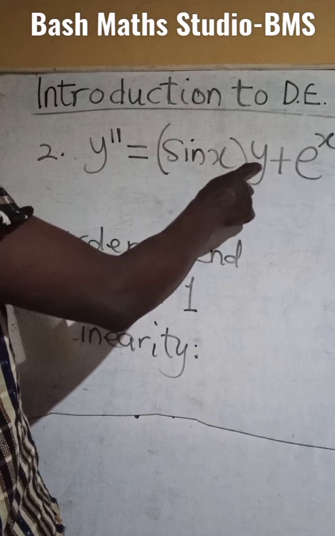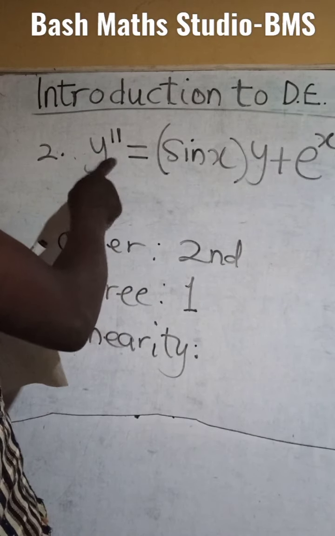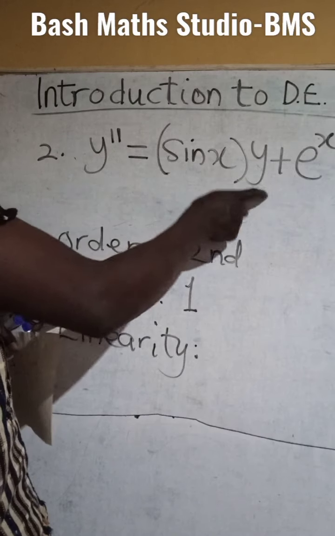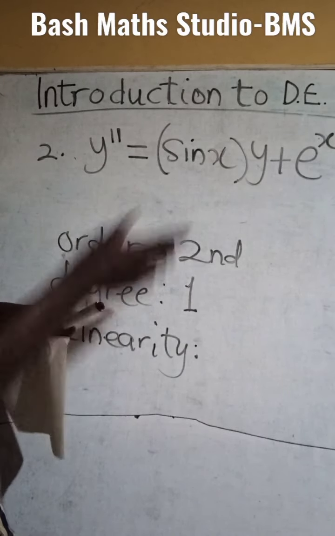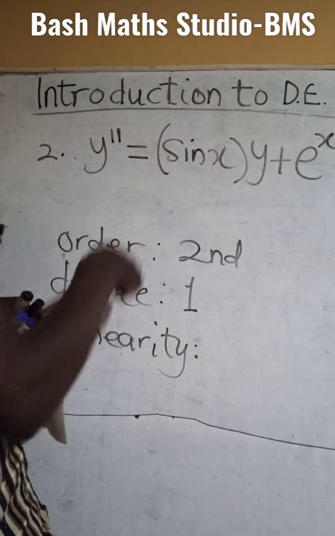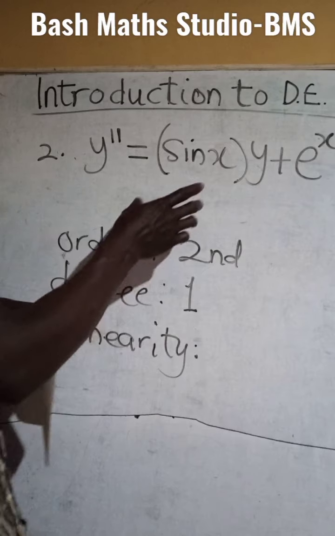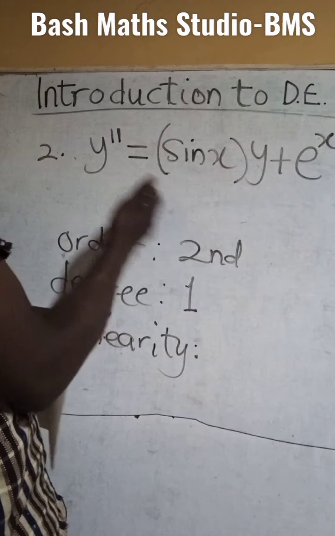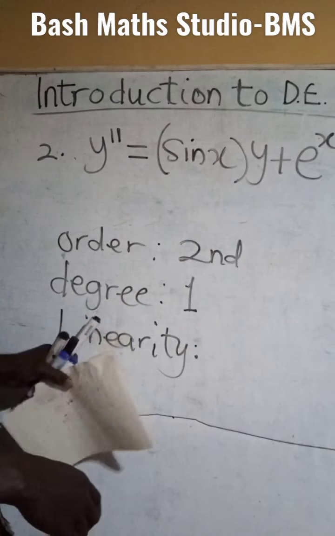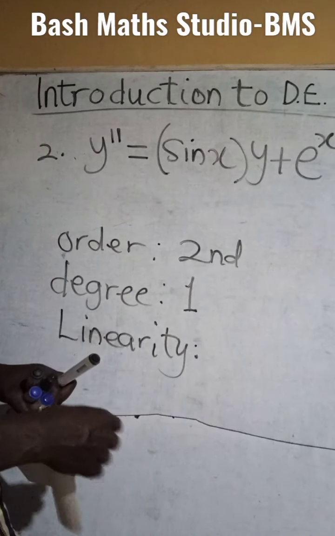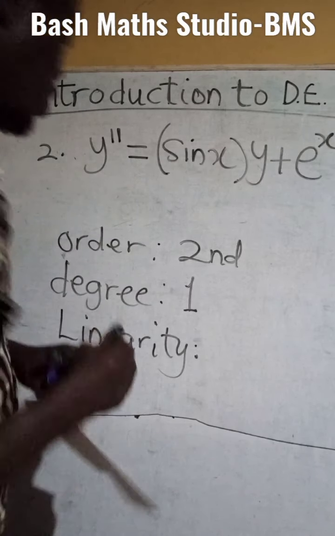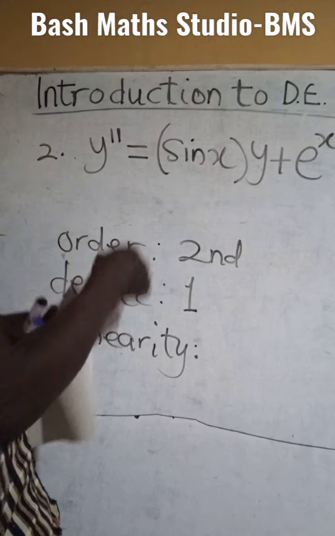So you see the unknown function y here. This one is not a power. You know that it is the order, not the degree. So the degree of the unknown function, I mean the dependent variable, is 1. And are we saying it's linear?